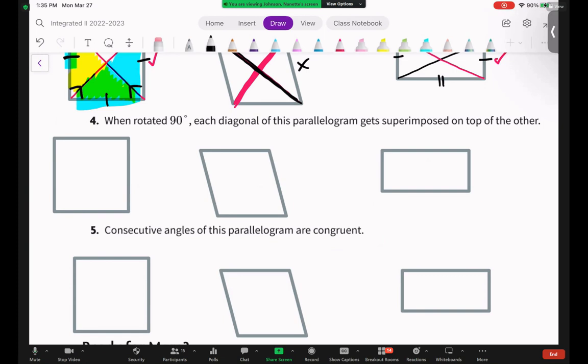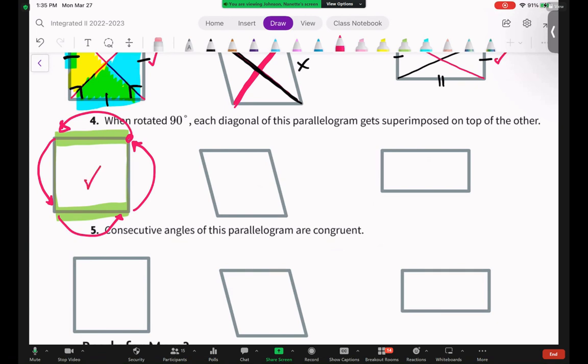So if I had 2 copies of this square and I rotated it 90 degrees, meaning this corner is going to this corner, and this corner is going to this corner, and so on and so forth. Would the square line up? Yes or no? Yes, very good. Yeah, this is a yes.